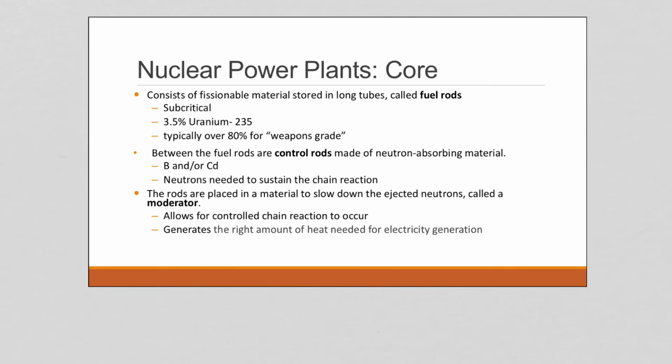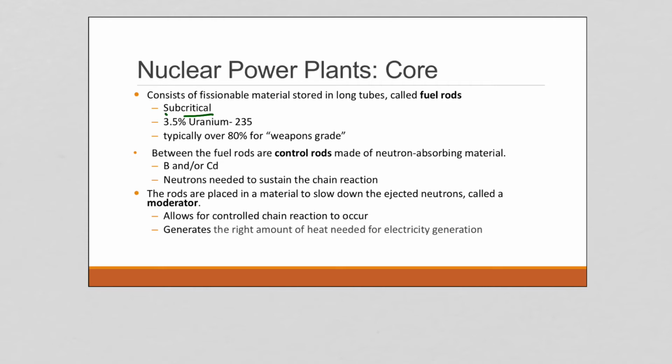Now, if we dive into a little more detail on the core, I said we're going to have these fuel rods with the fissionable material. As I mentioned earlier, these fuels are what we call subcritical. They are about 3.5% uranium-235, right?